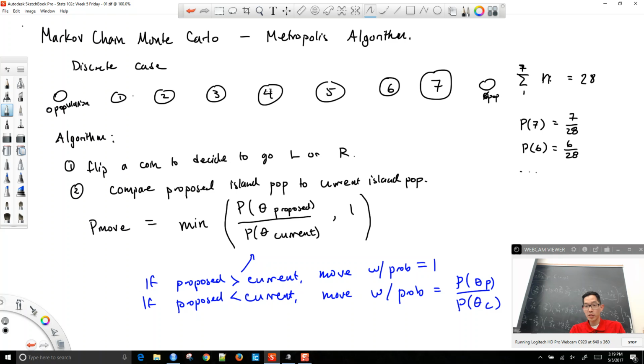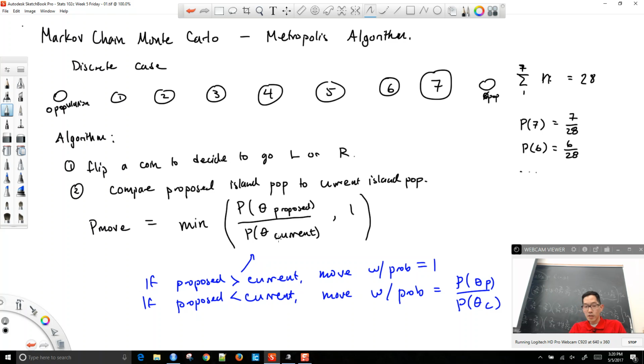Meaning, if you flip the coin and it says you move to the right, you say, well, I'm not moving to the right, I'm going to stay, because you calculate the probability of the proposed versus the current, and that's going to be 0. So you move with probability 0, which means you remain.